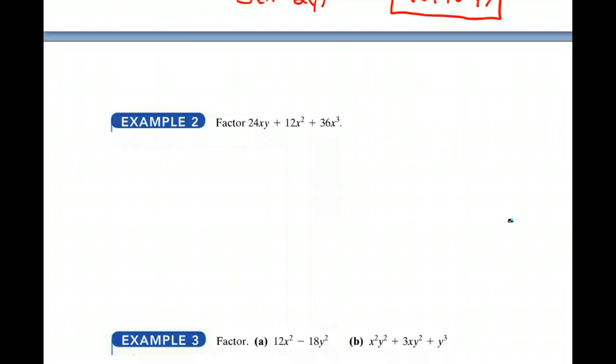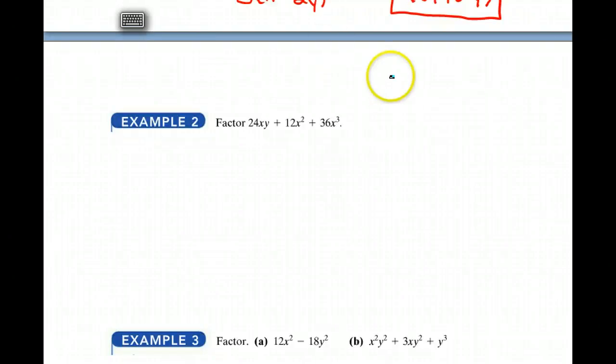The second term has an x squared, and the third term has an x cubed. So they all have x's in common, but what you have to determine is how many do they have in common? How many do they share? How many can you remove? So we have to think logically as we do this.